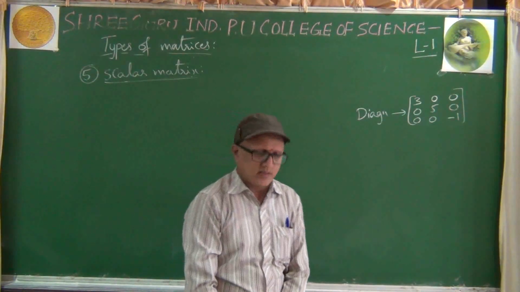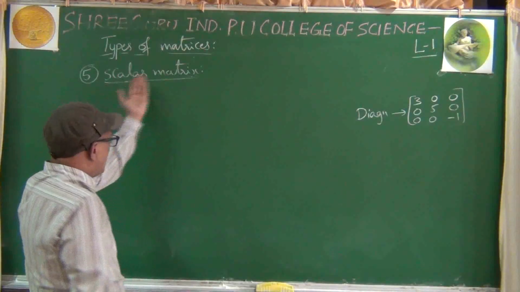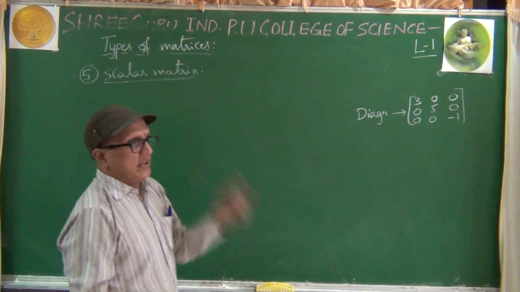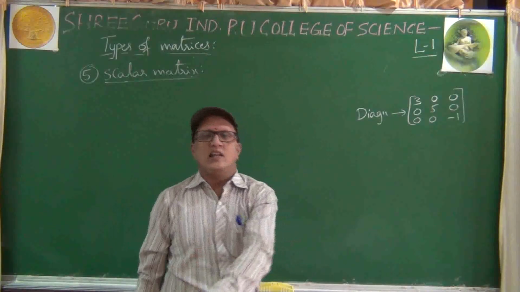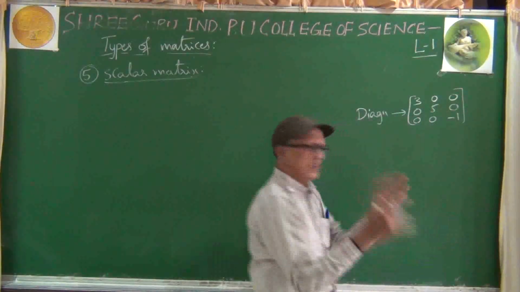Okay, I repeat once again. As per the textbook, the scalar matrix definition is a diagonal matrix is a scalar matrix if all diagonal elements are the same. That's it.